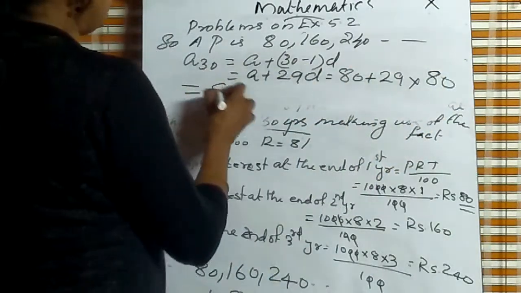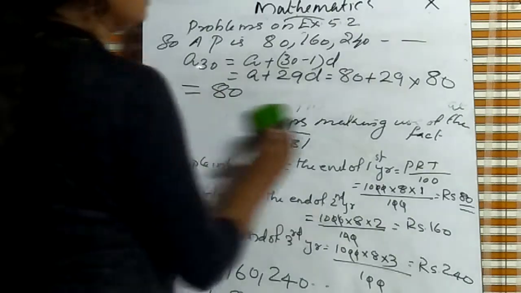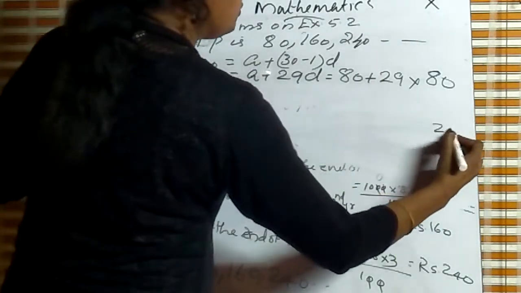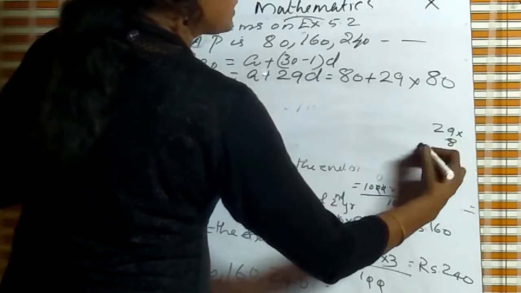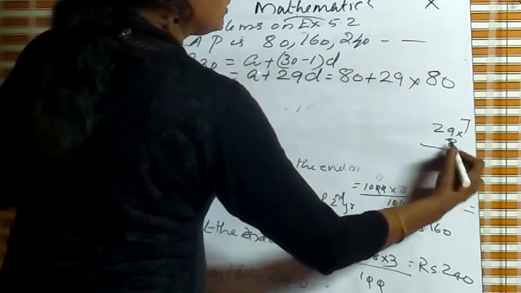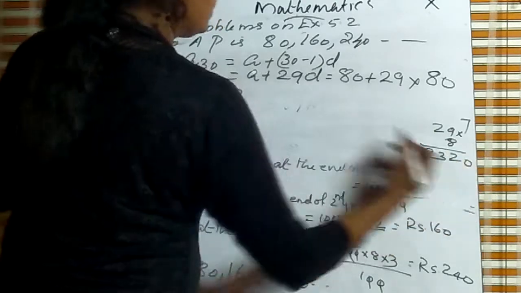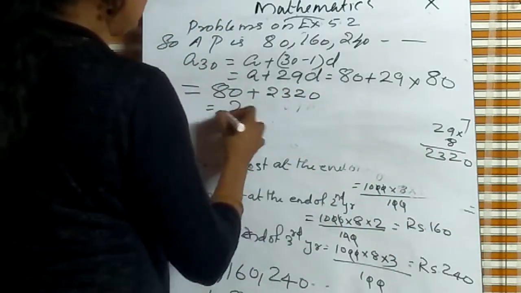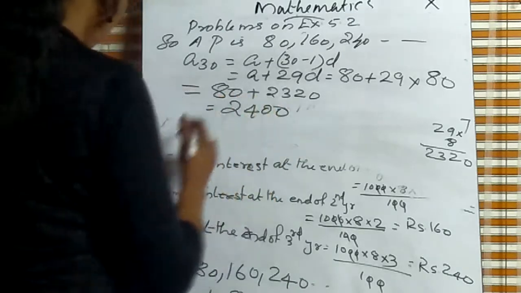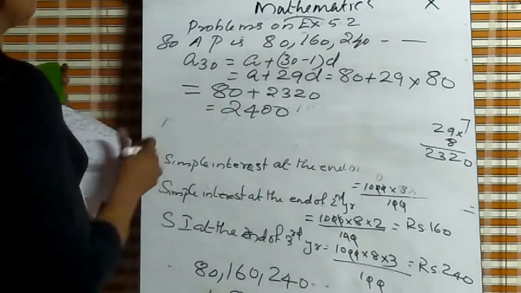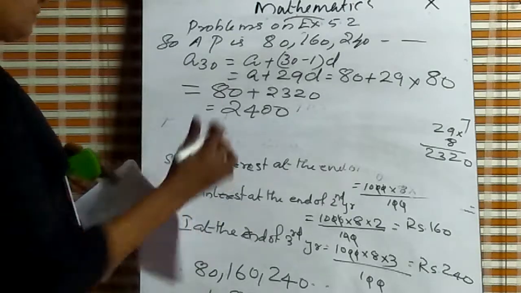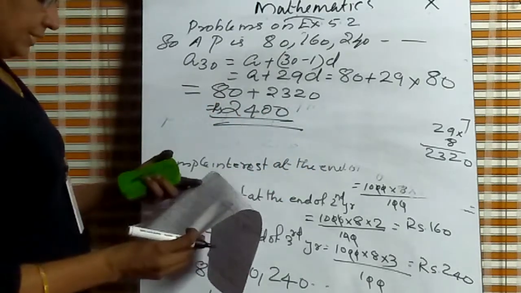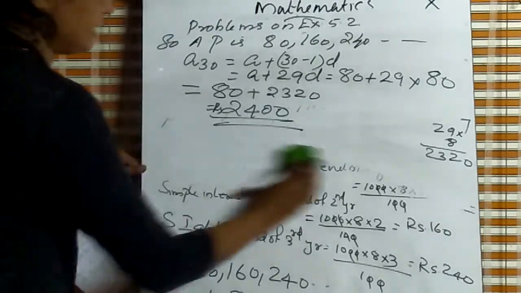Then multiplication: 80 plus, what is 29 into 8? 29 into 8 is 232, so 29 into 80 is 2320. 80 plus 2320 is equal to 2400. That is the answer. Rupees 2400 is the interest at the end of 30 years.